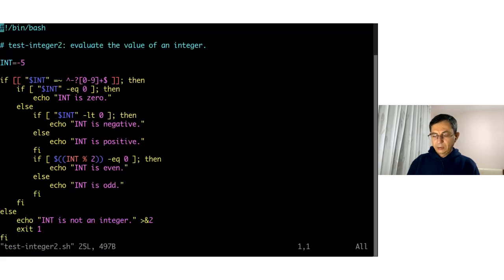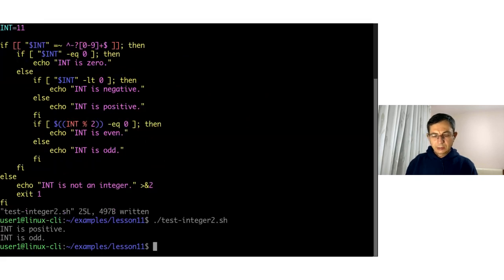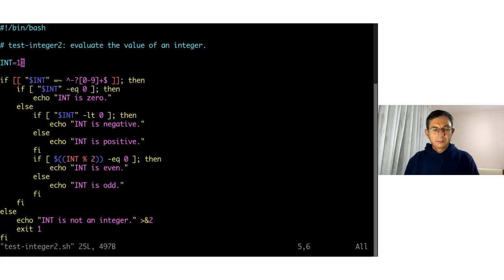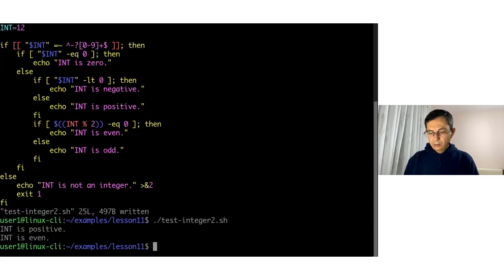If we try to edit the script and change it, for example, to 11, and test the script again, in this case the messages are int is positive and int is odd. Let's try another number. Int is positive and int is even.